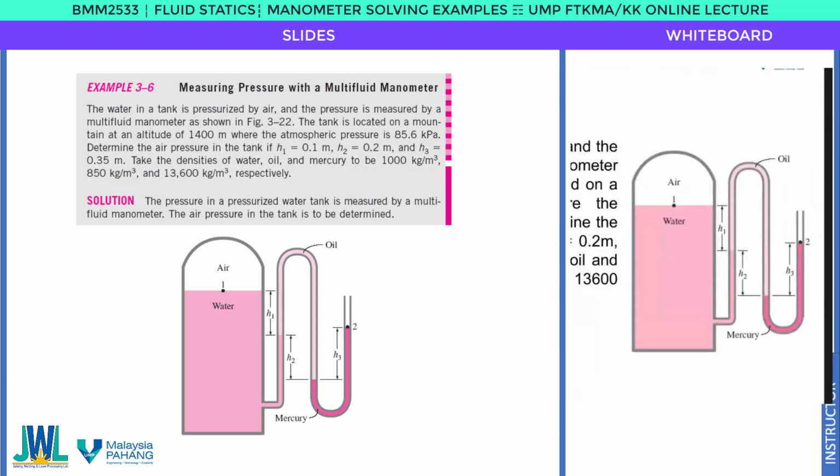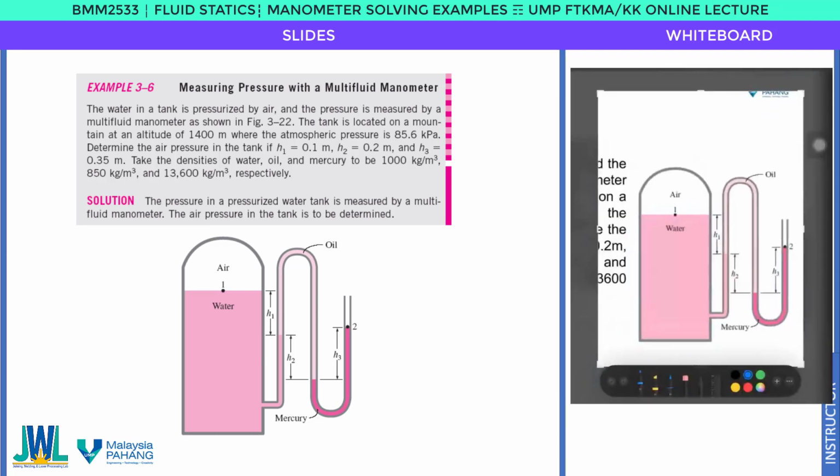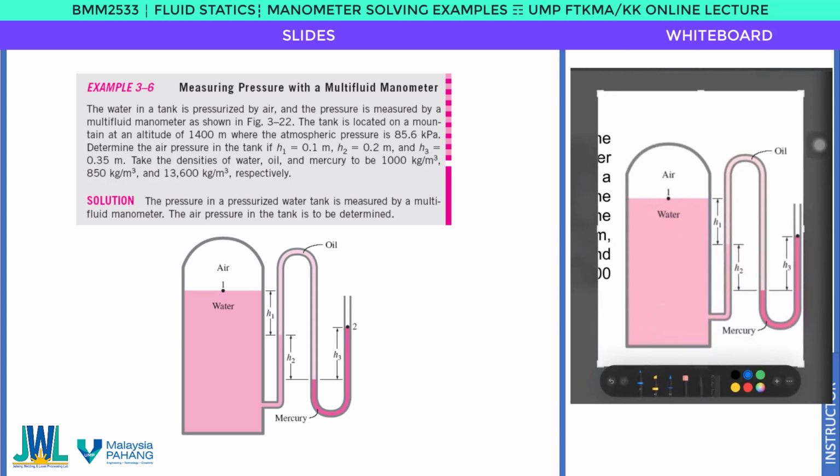Another thing is that if you see here, this part and this part are at the same level. And for water, this is water and this is also water, they are at the same level.